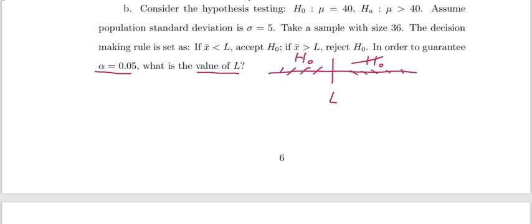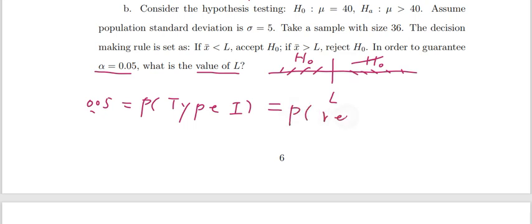So we say we guarantee alpha is 0.005. So this 0.005 is this probability, right? The probability for making type 1 error. So type 1 error is we reject H0 when H0 is true.